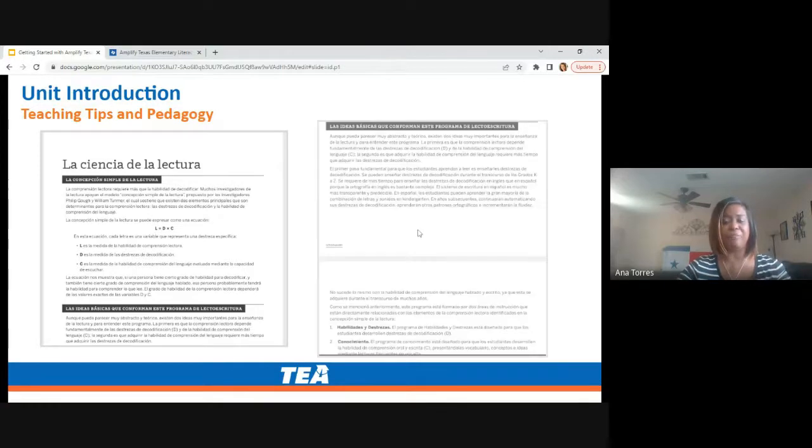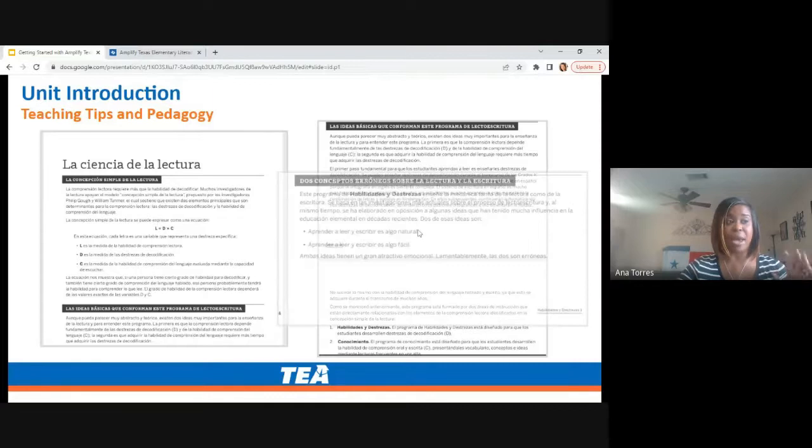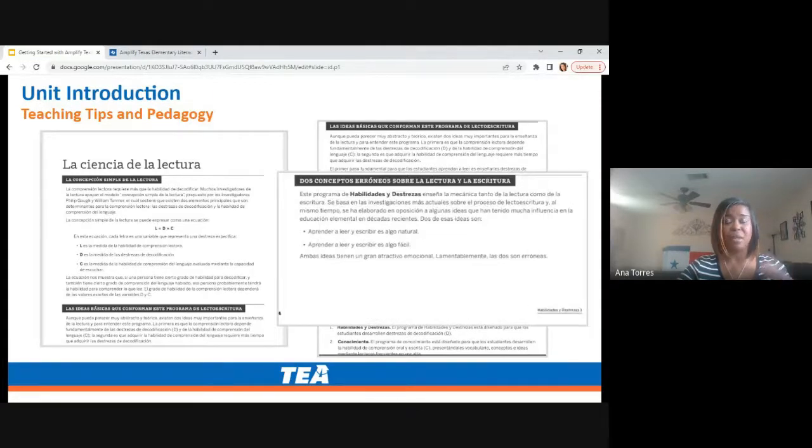You also have basic ideas that conform to the skills program, las ideas básicas que conforman este programa de habilidades y destrezas. And what you also have, which I found super helpful and useful, erroneous concepts about reading and writing, right? Conceptos erróneos sobre la lectura y escritura. So these are really important sections to read, and some really great teaching tips and pedagogy that you have there.